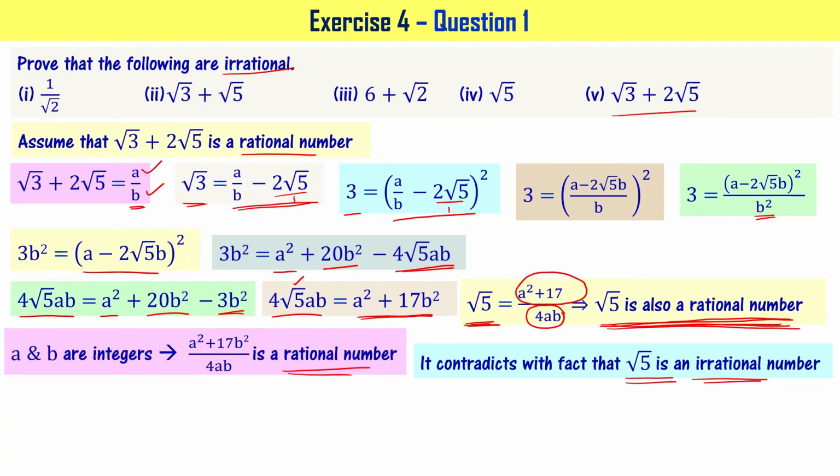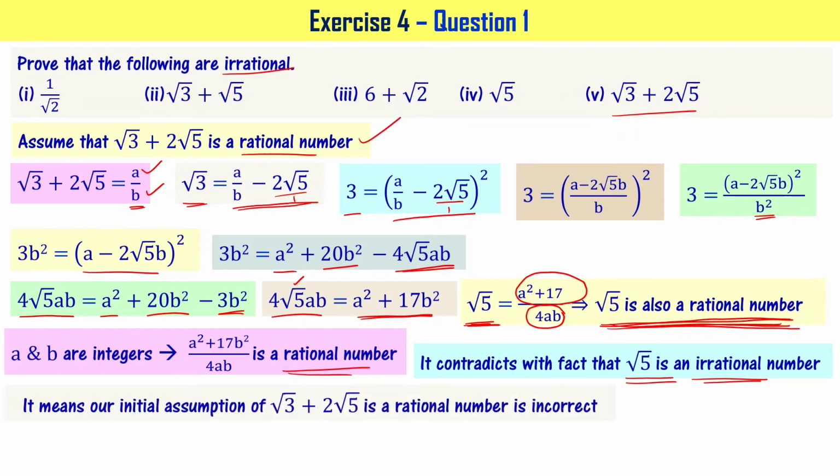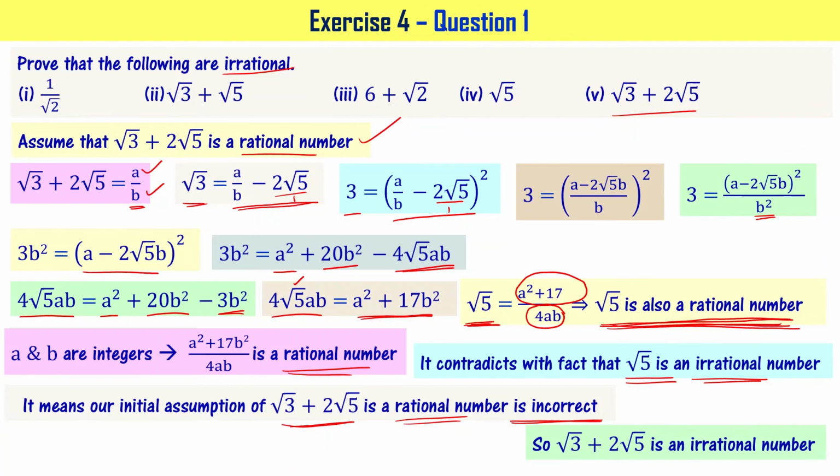This contradiction happens because of our initial assumption, that is square root of 3 plus 2 root 5 is a rational number, right? That assumption is incorrect. For that reason, now we say that square root of 3 plus 2 root 5 is an irrational number. Got it?